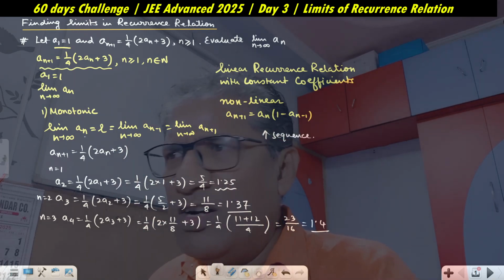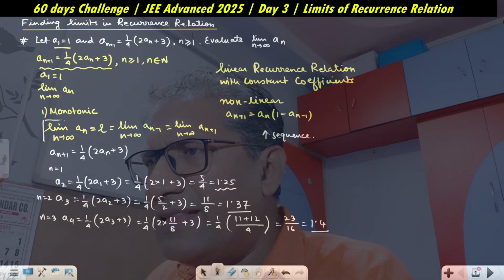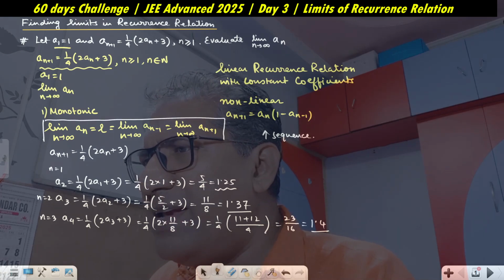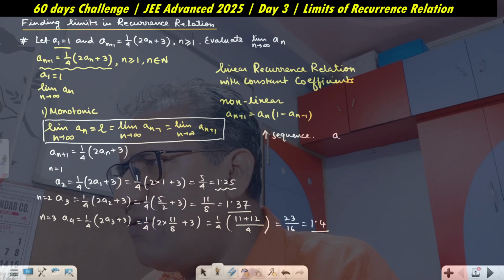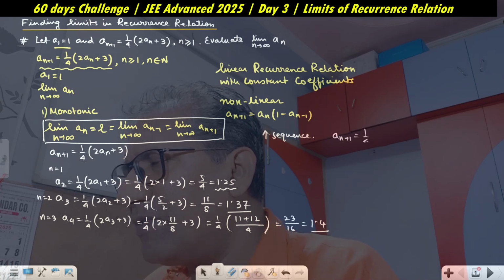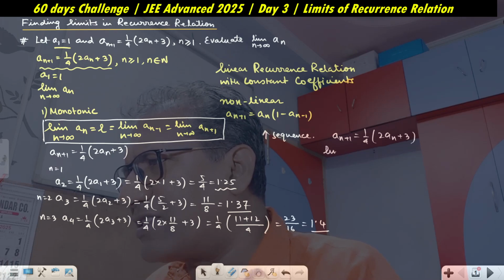Right? So what I will do, we will simply say, let us say this limit exists and its value is L. Now, whatever recurrence relation we have been provided, all we will do is take the limit on both sides.